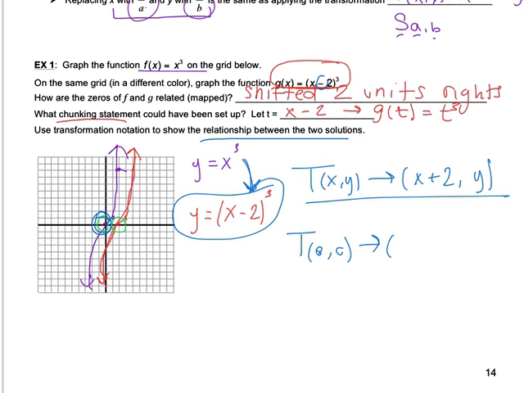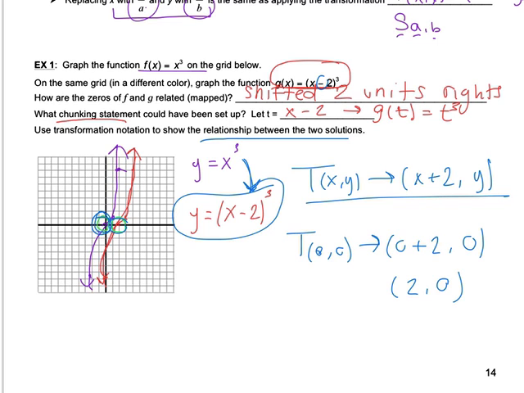So we add 0 plus 2, and our y value is just going to stay 0. So the solution to our new function g is 2, 0 right there. So this is breaking down a very simple problem so that hopefully it will make sense when we do more complex problems.